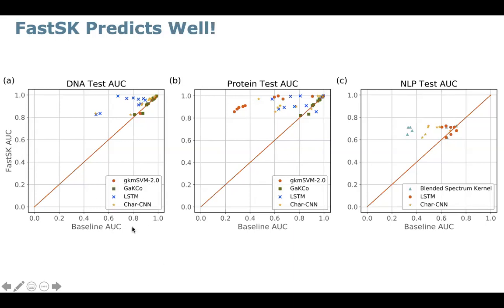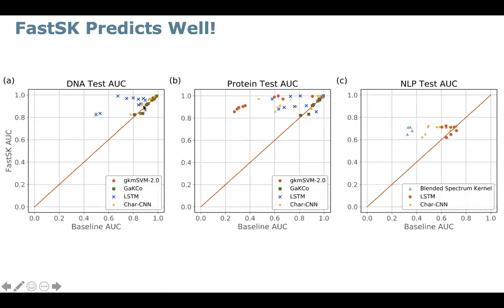The first figure is for DNA, and there's LSTM, char CNN, gkm-SVM, and also GAGO, another state-of-the-art string kernel baseline. The B is on protein data, and the C is on this NLP text data.